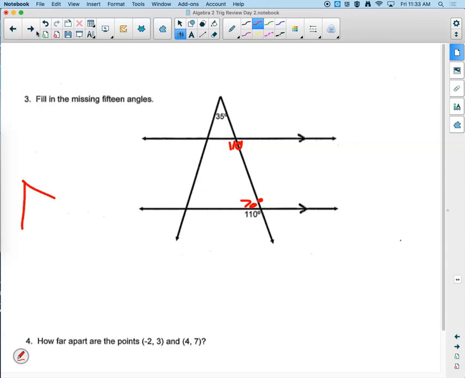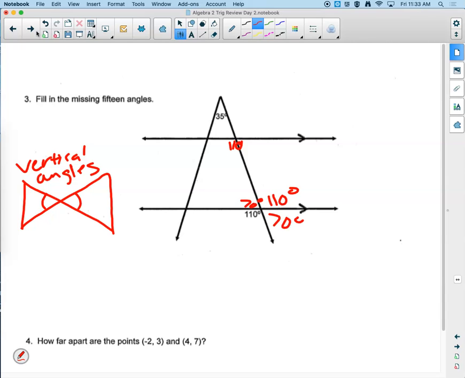And that's because it's a bow tie angle. Bow tie angles get the special name in geometry of being vertical angles. And vertical angles are always congruent. So if this is 110, this little bugger over here is 110. If this is 70, this little bugger over here is 70 degrees.